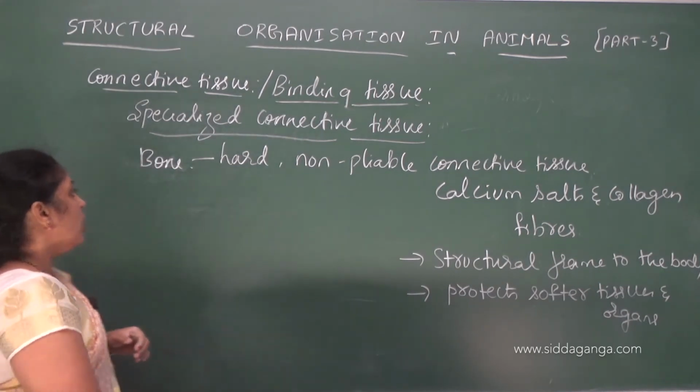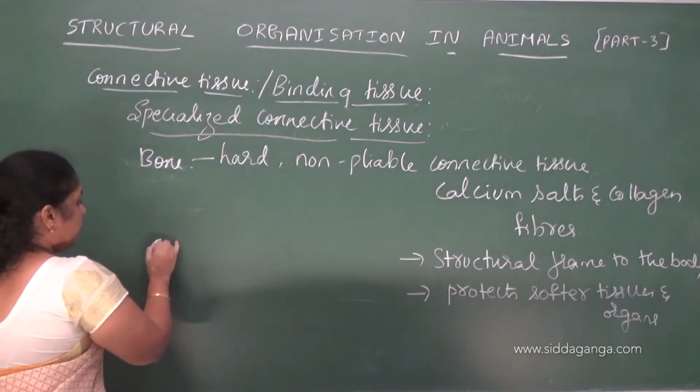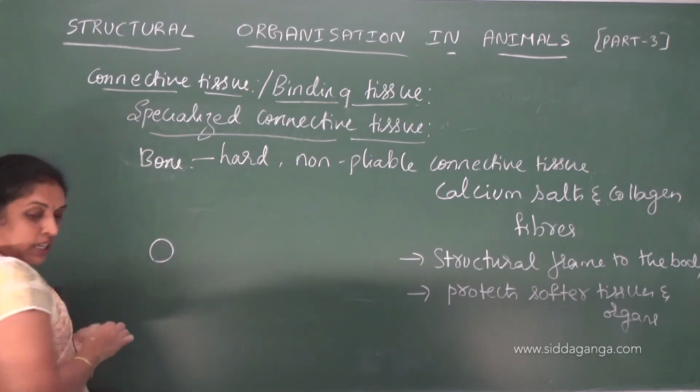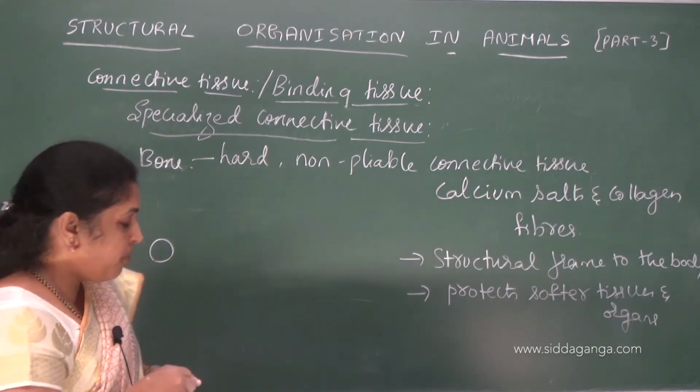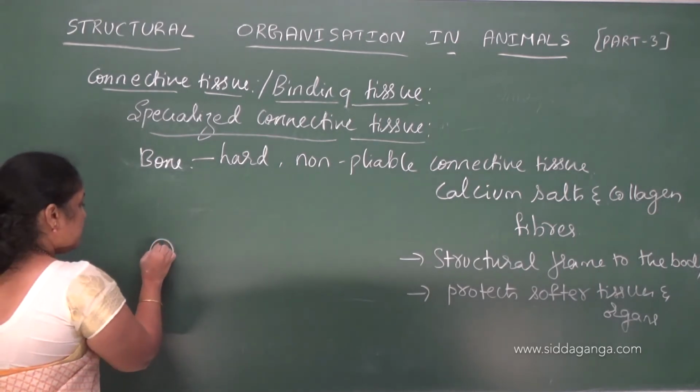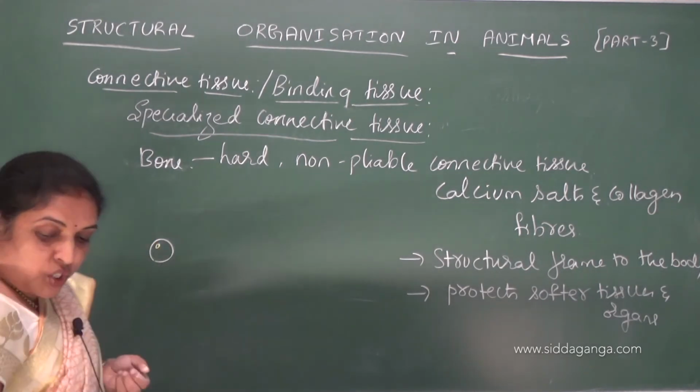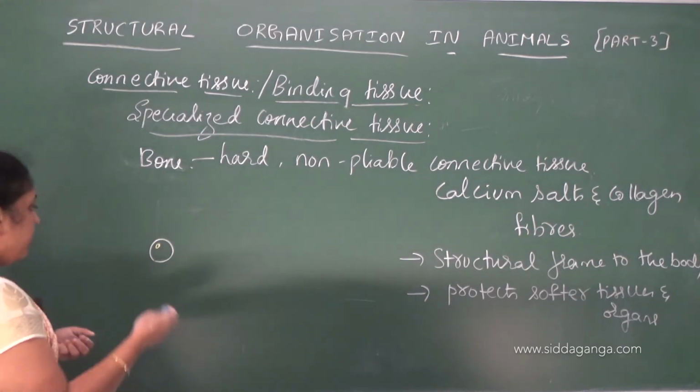Understood? So coming to the bone, when you take a section, we can see the Haversian system. Inside the Haversian system, we have a Haversian canal.